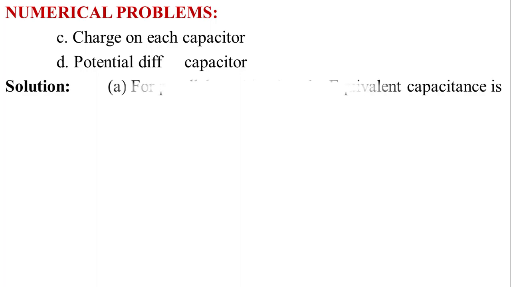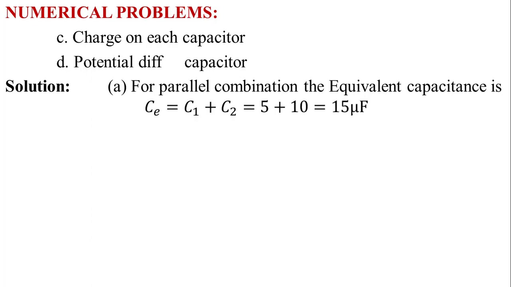Now, solution for the first part: for a parallel combination, the equivalent capacitance is given by the formula CE is equal to C1 plus C2 plus C3 and so on up to Cn.